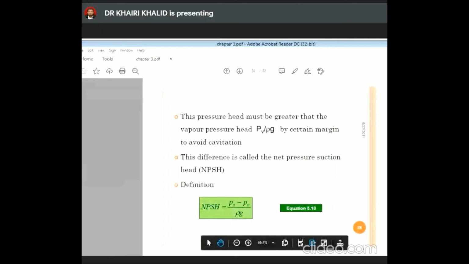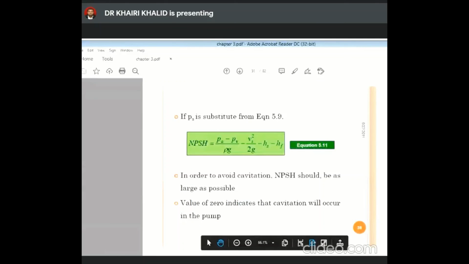Again, if we put it in, we get this formula: NPSH equals Pa over Pv, plus Vs squared over 2g, plus Zs, plus Hf. So the value of NPSH must be as large as possible. If the value of NPSH is 0, this indicates that cavitation will occur.